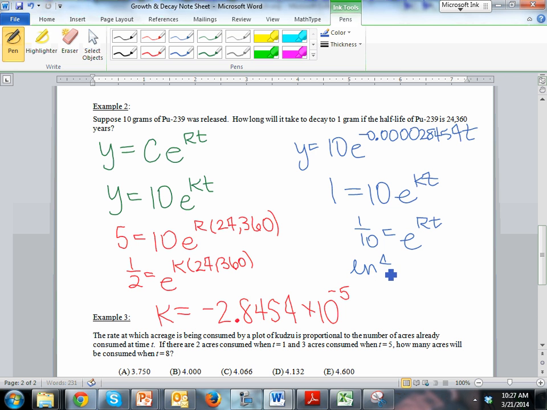Natural log of 1/10 equals negative 0.000028454 t. In this case, let's round to the nearest year. So that would be how many? 8,910. Yeah, that's right.